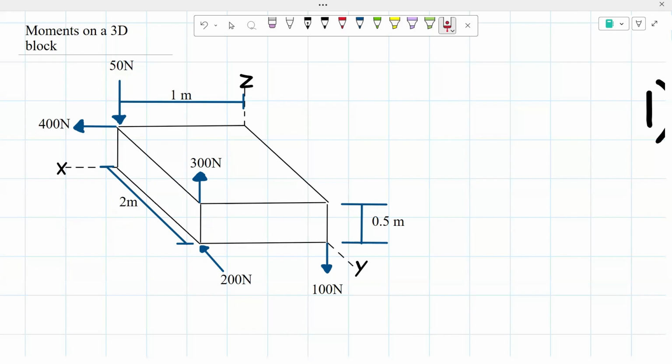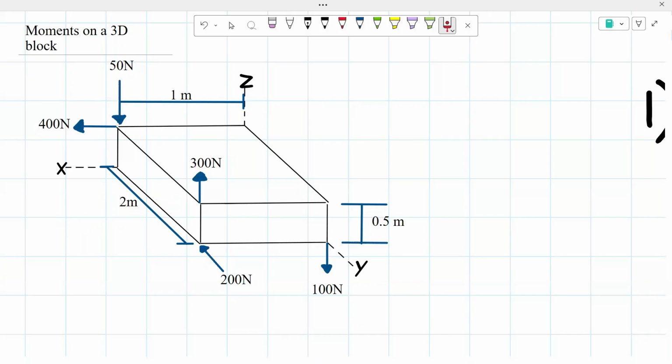Since I'm finding the resultant moment of the x-axis, I'm going to be taking the resultant moment about this point right here, since that's what's laying on the x-axis. So I'm going to be doing it about that point. From there, I'm going to be drawing our forces where they would be according to this view of the x-axis.